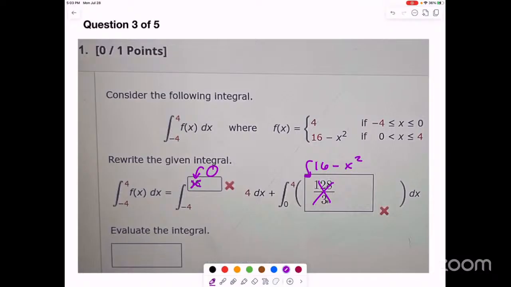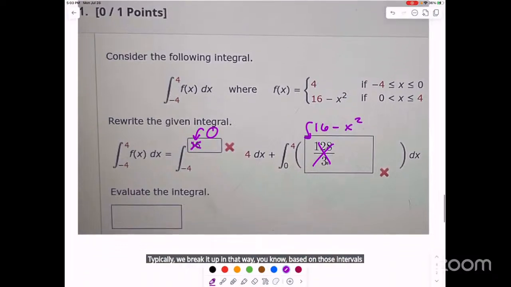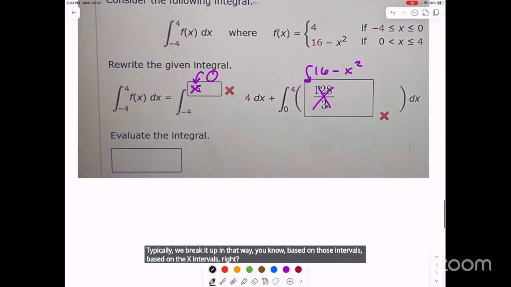And then evaluate the integral, right? So with the piecewise function, typically we break it up in that way, based on the x intervals. So let me rewrite this.